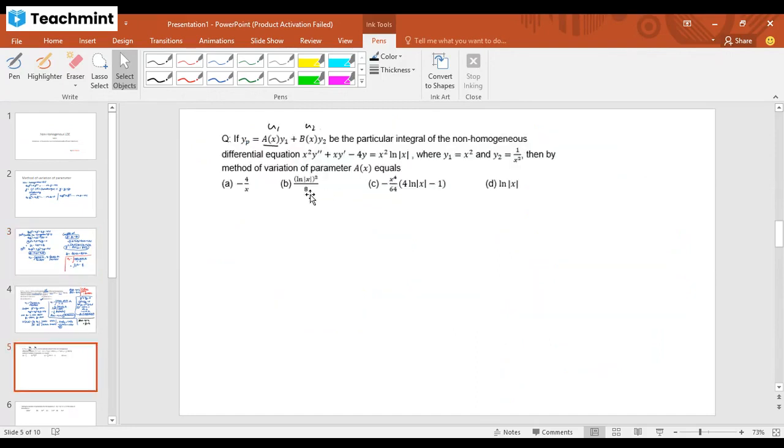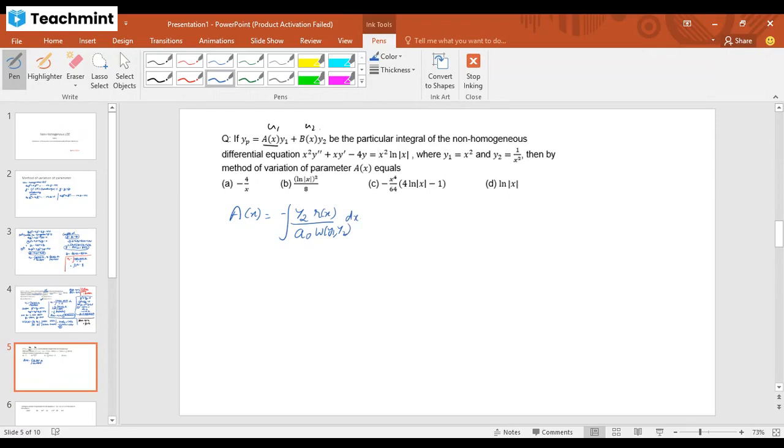Again we are interested in finding the value of Ax. What is the formula of Ax in this case? It is simply equal to u1. The formula of u1 is minus integral of y2 Rx upon a naught into the Wronskian of y1 and y2 dx.